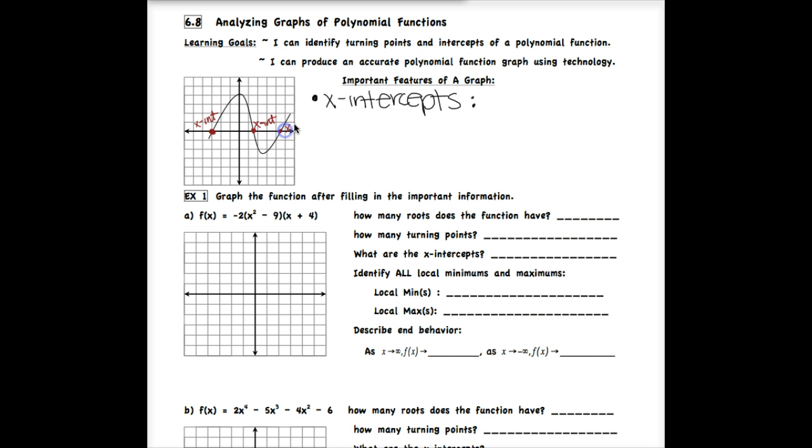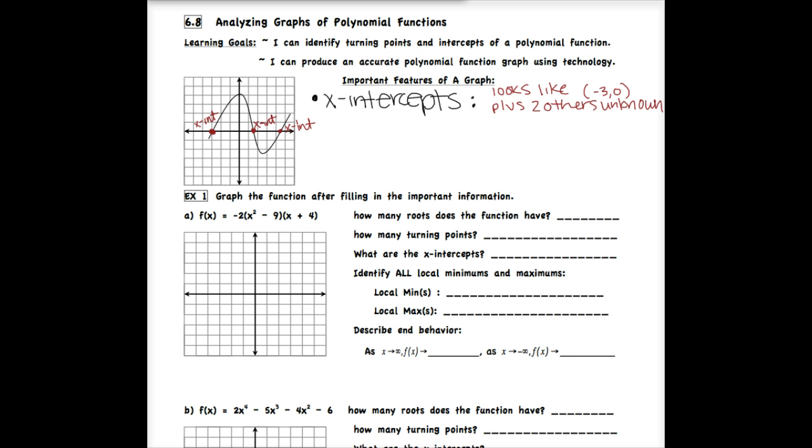And here is an x-intercept. So, we can see that one of them looks like it's at -3, and the other two are definitely in between. So we're not sure of those values. So it looks like we have an x-intercept at -3, 0, plus two others that are unknown right now.